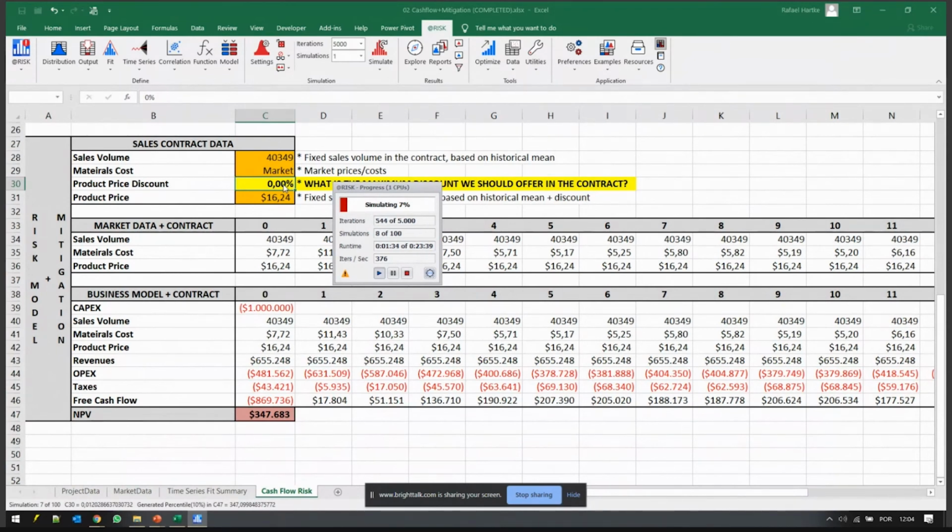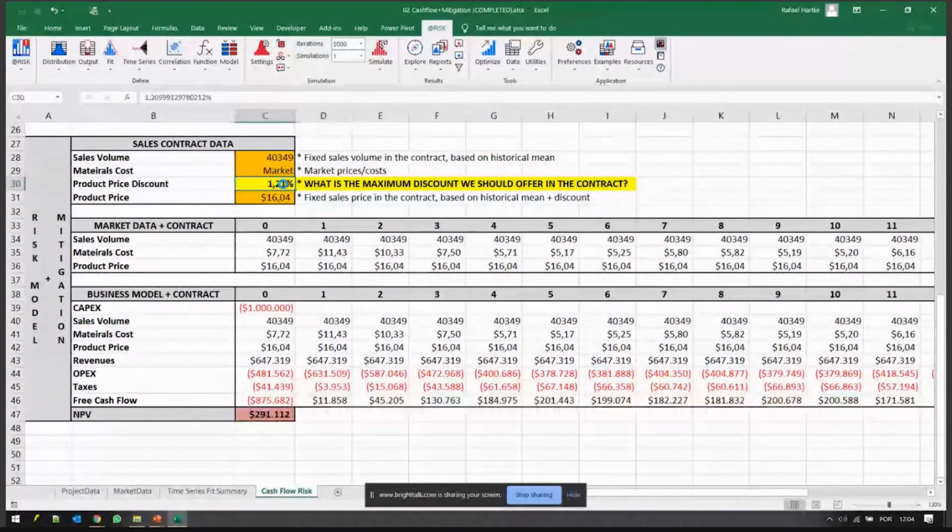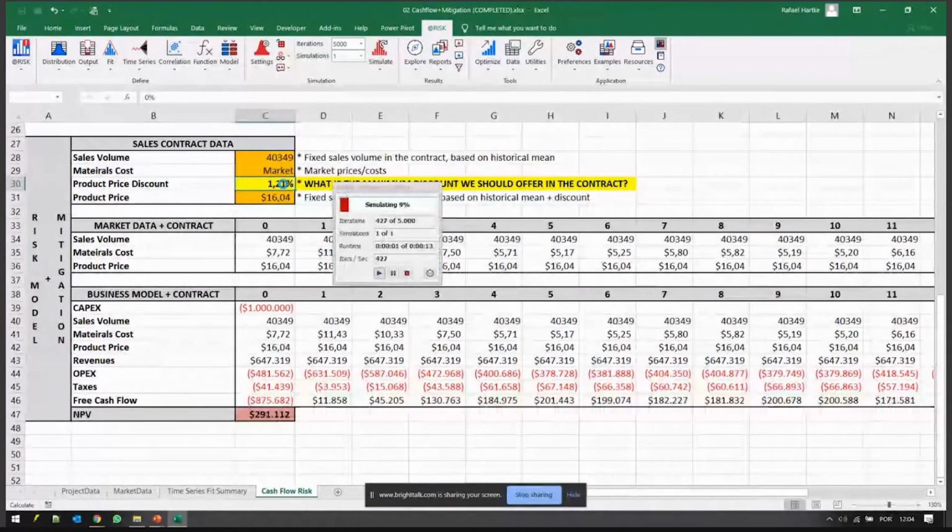You can use goal seek like this to figure out what's the minimum production you need or sales force you need to be profitable. What's the maximum capex you can pay for something and still be profitable? What's the minimum number of units you need, the maximum number of units that fit within your budget? There's a number of ways to explore goal seek within the context of risk analysis.